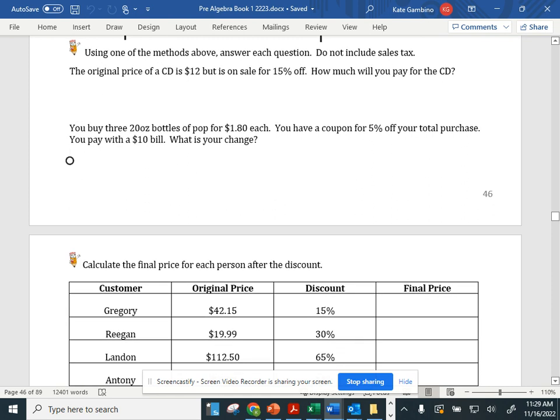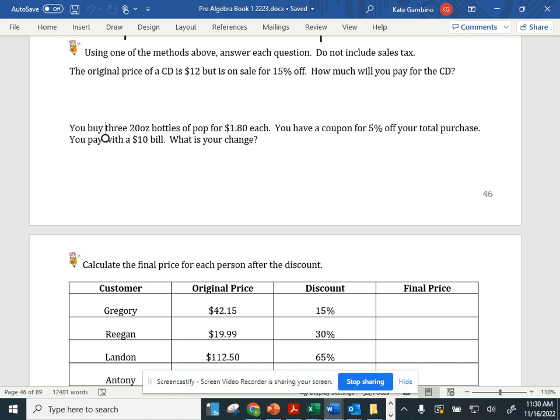We have another word problem. Same thing as yesterday. Check to see how much you're buying. You buy 3 bottles of pop. So is it just $1.80? No, there's 3 of them. So make sure that you're figuring how much it is for 3 bottles of pop. It's not $1.80. That's 1 bottle of pop.